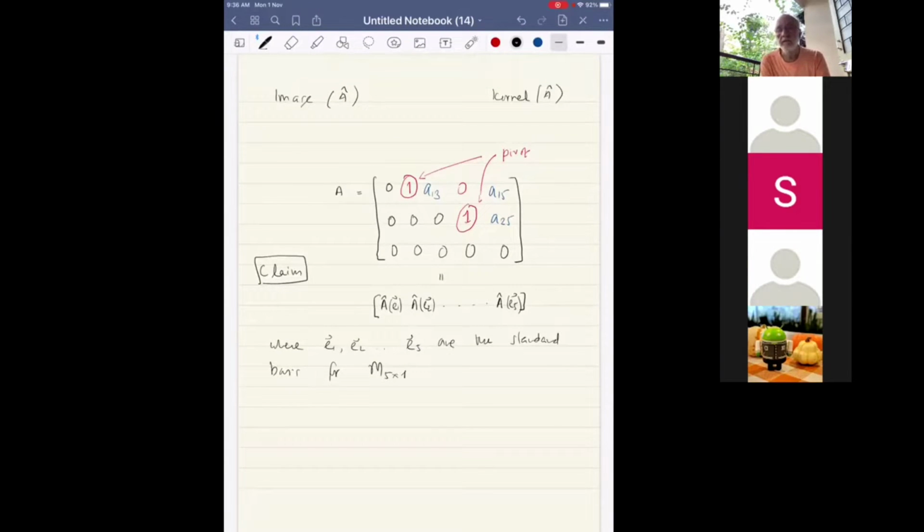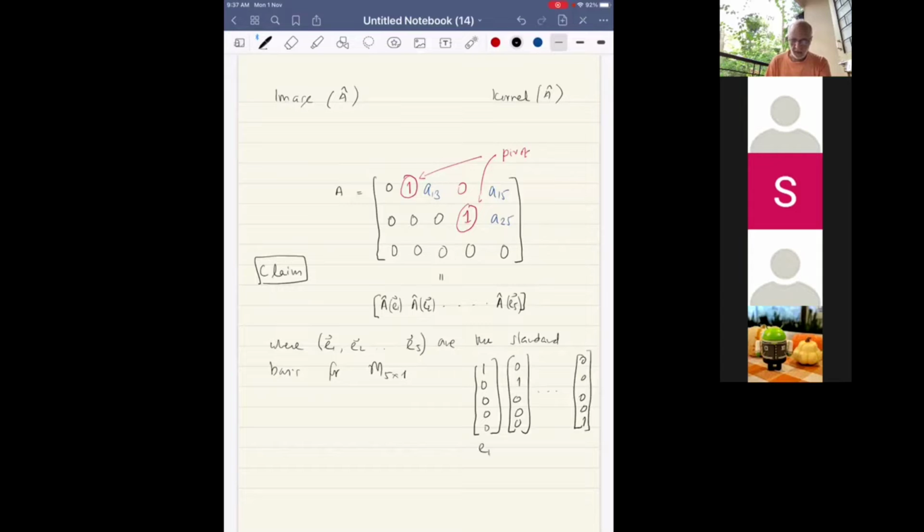Sir, these E1, E2, E5 are 3 by 1 vectors? E1, E2, E5 are the standard basis for M51. Together, these form the standard basis for M51. So they are vectors of length 5. Let me just write them down: 1 0 0 0 0, then 0 1 0 up to 0 0 0 0 1.